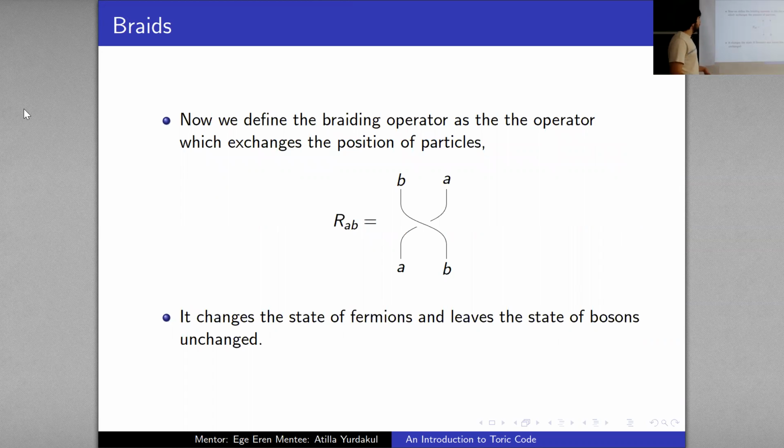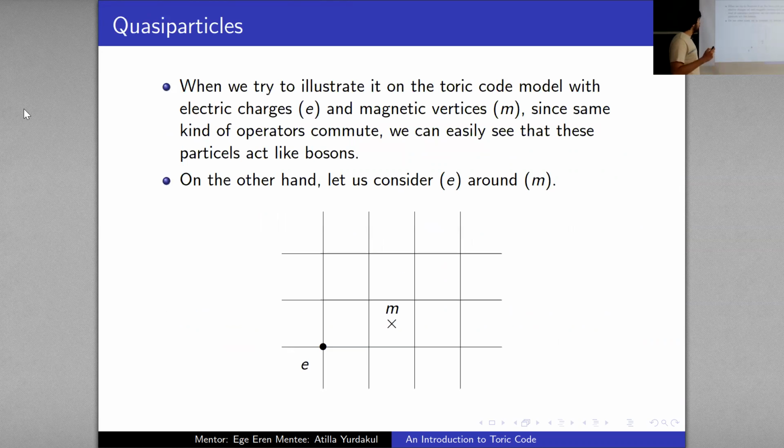We will come back to grading later. We have time. Okay. When we try to illustrate this grading model, which we will talk about later, on the Toric code, what we will do is take an E particle, which is done by exciting the state with this electric path operator, and when we travel around the M like this, as I showed, we will study how it behaves.